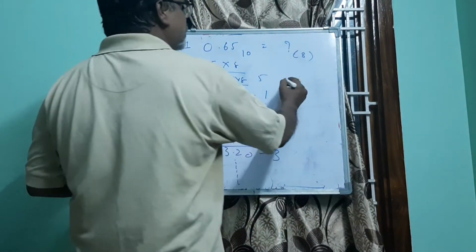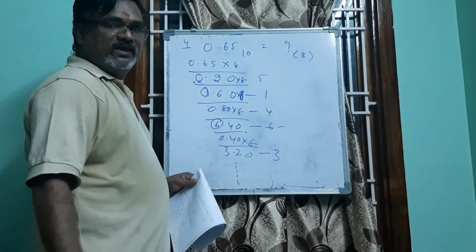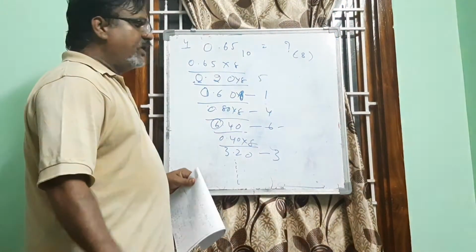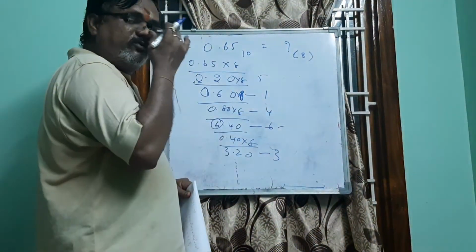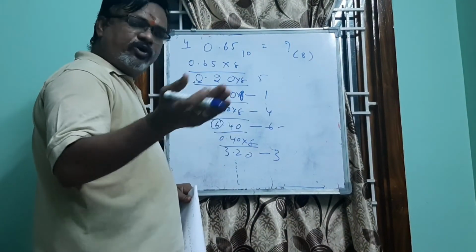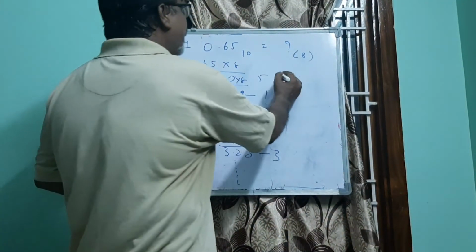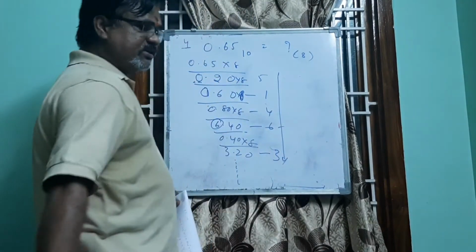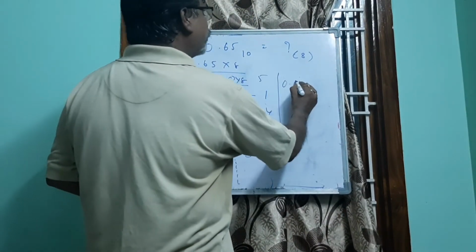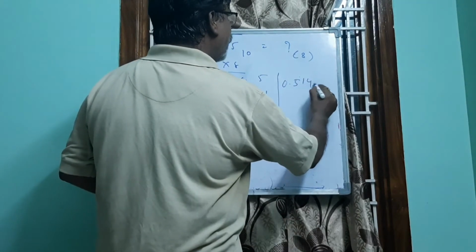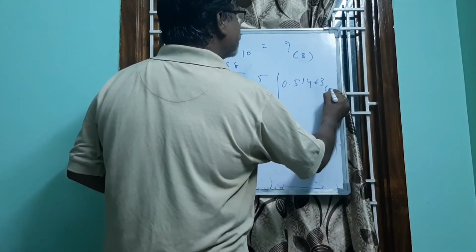Because it is continuing like this, as I told you, in the examination they will give you, perform this calculation up to 3 digits or up to 4 digits or whatever it is. Here we made this calculation up to 5 digits. So converting this, you need to write from top to bottom: 5, 1, 4, 6, 3, base 8.